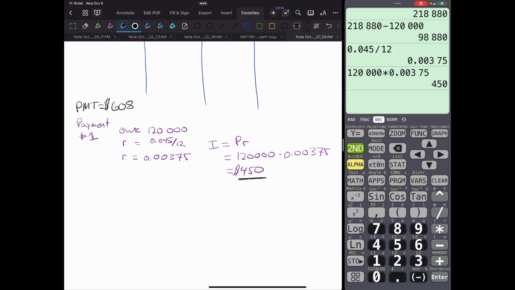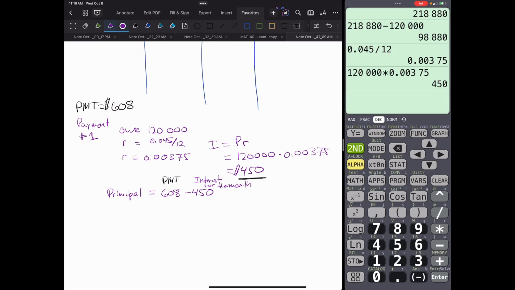And so the principal payment for that month is the $608 minus the $450. And so it's my PMT minus the interest for the month.